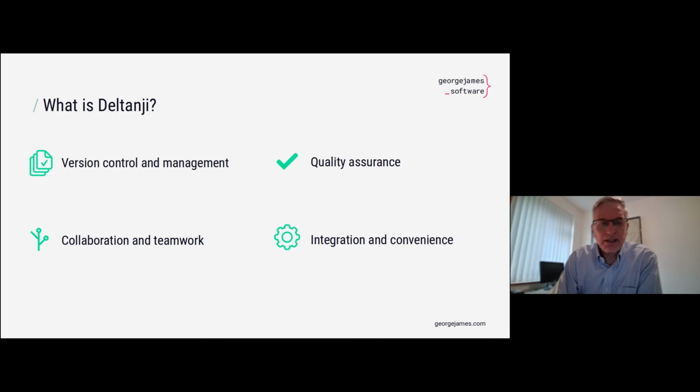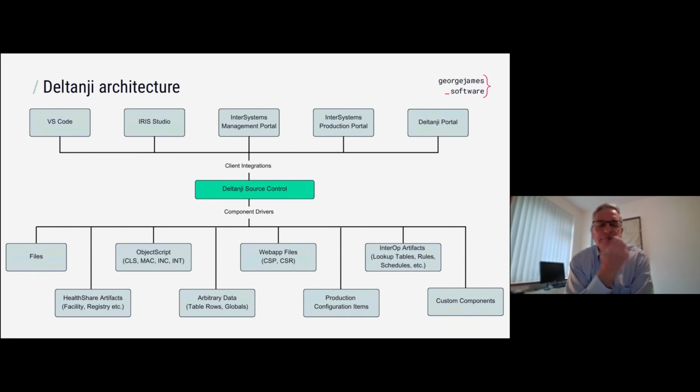So let's look at the high-level architecture of Deltanji. You'll see in the center the heart of Deltanji, which is primarily a repository. This can either be a native Git repository or a native Deltanji repository. You can choose which you want to use.